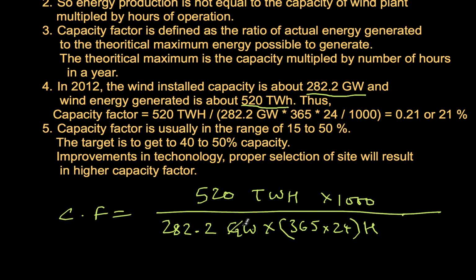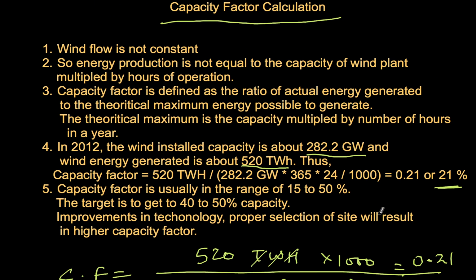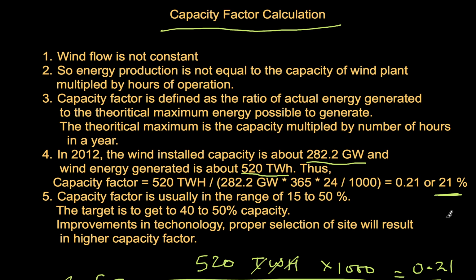Then the 1000 cancels, and the units are all cancelled. So 520 times 1000 divided by all this comes out to be 0.21, or 21% utilization. The worldwide capacity utilization factor of wind power is only 21%.